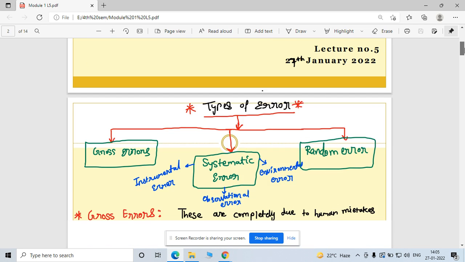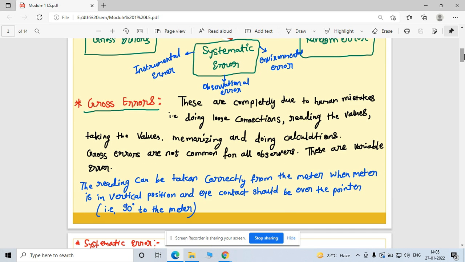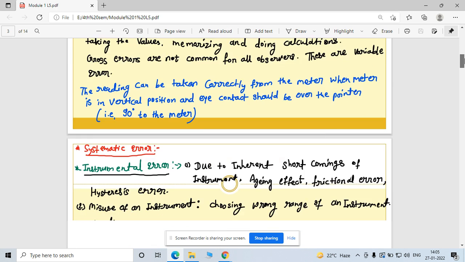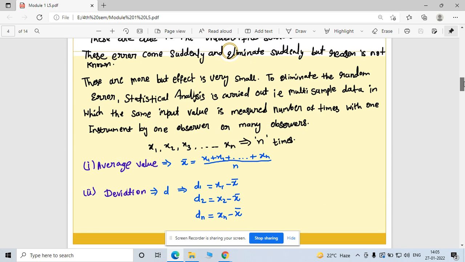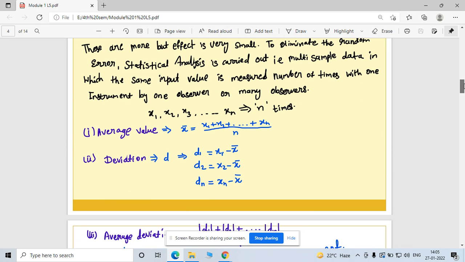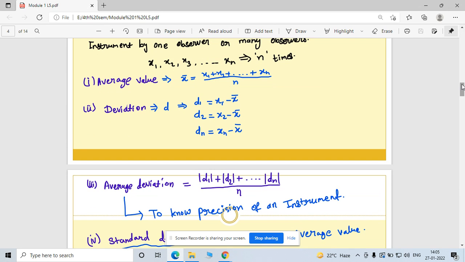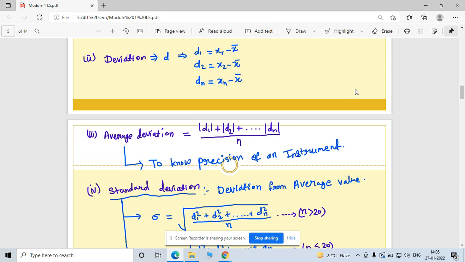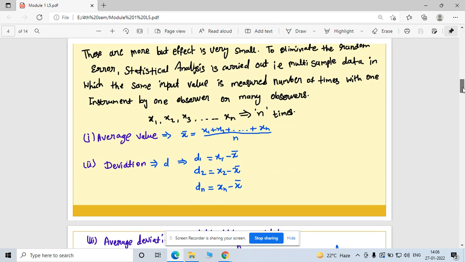And after this topic, we will see some formulas related to this error analysis, for example, average value, deviation, and so on. So for the definitions of these terms you can refer to the A.K. Sawhney book.